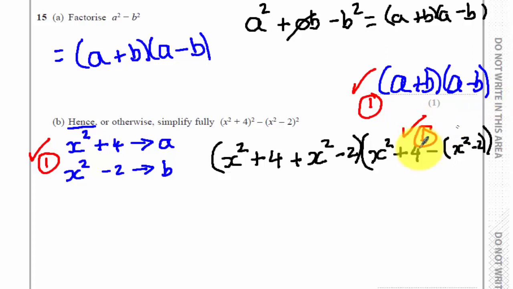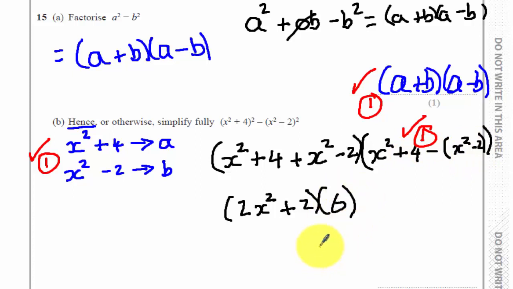Now this tidies up quite quickly. x squared plus x squared, for this first bracket, will be 2x squared. 4 take 2 is obviously 2. And for the second bracket, x squared take x squared is going to be 0. 4 take minus 2 is just going to leave you with 6.